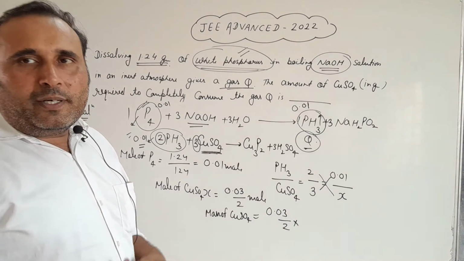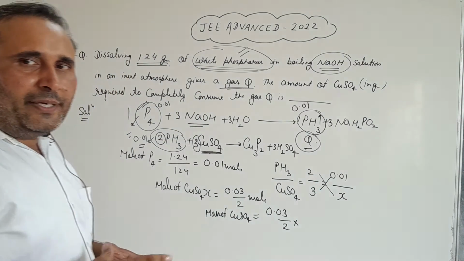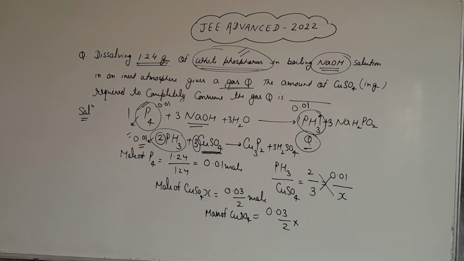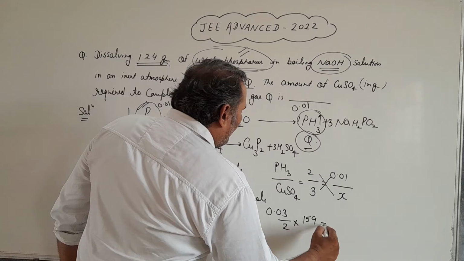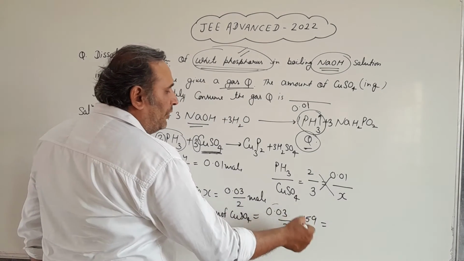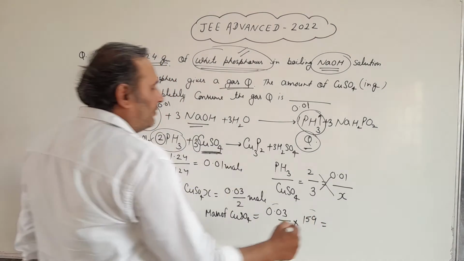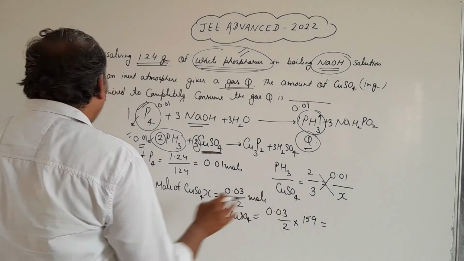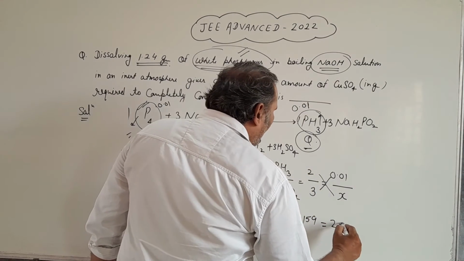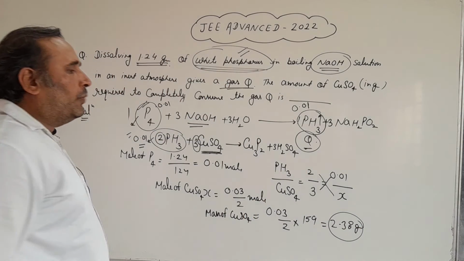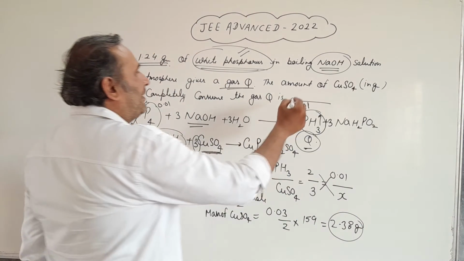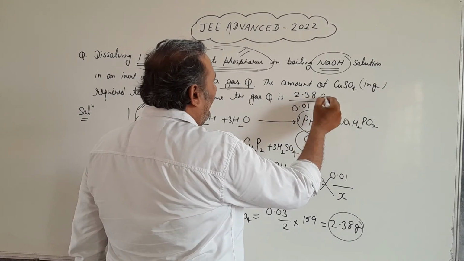The molecular weight of copper sulfate is 159. So we will get our final answer. When we calculate it, we get 2.38 gram. So our answer will be 2.38 gram.